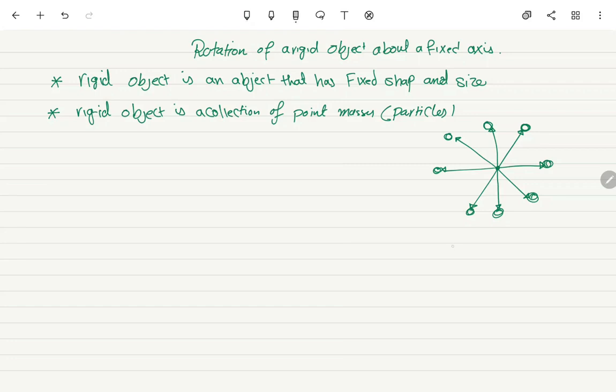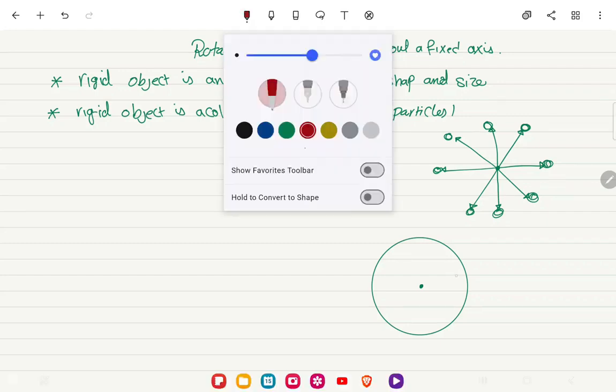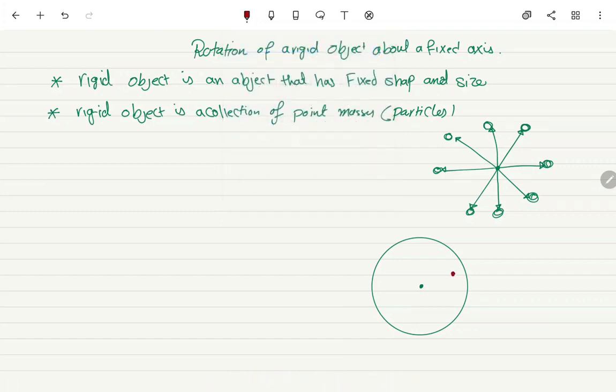Let's consider this case here. We have a disk rotating, or centered, around the z-axis, which is perpendicular to the plane of the page. If we take a point on the disk, and this one is the x-axis and this one is the y-axis, let's name this point P. The position of this point on the disk is R, making angle theta.